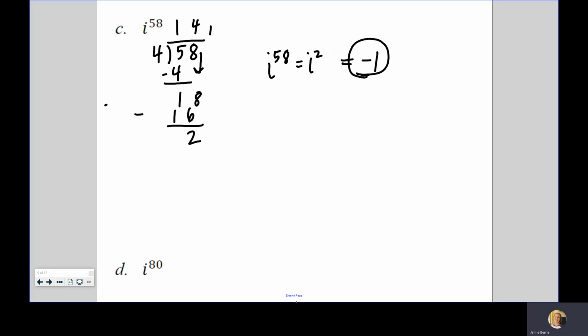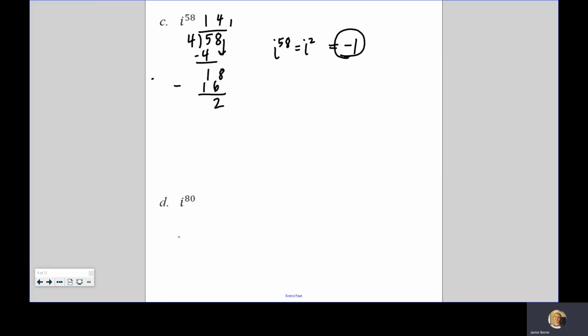All right, last one. i to the 80th. Remember, we're doing 4 divided into our exponent of 80. 4 goes into 8 2 times. 2 times 4 is 8. That's 0.